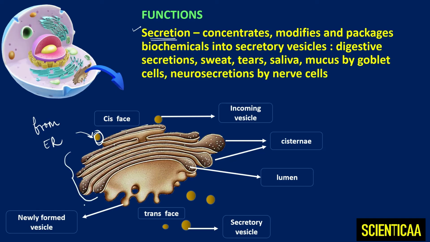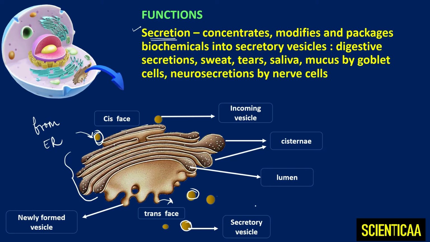And then later on, these pinch off and pass out as secretory vesicles through the process called exocytosis. So these vesicles are released out of the Golgi apparatus.